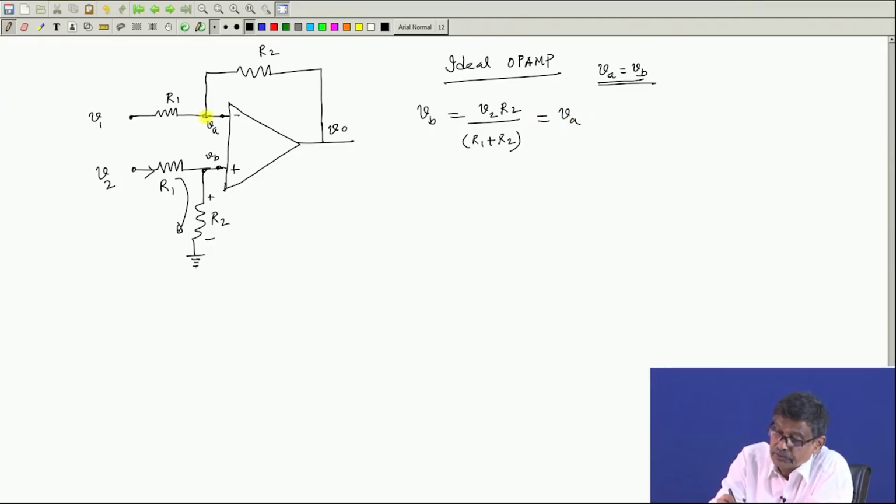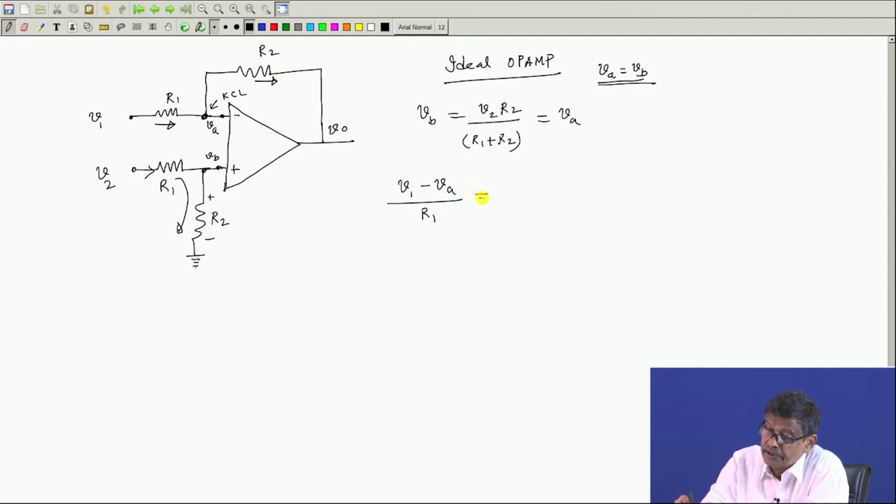Therefore, the moment I know this potential, I will write KCL at this point. What is KCL? This current is V1 minus VA divided by R1, and what is this current?